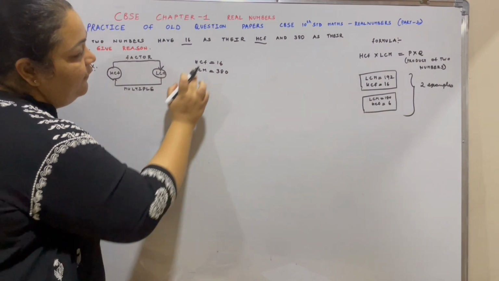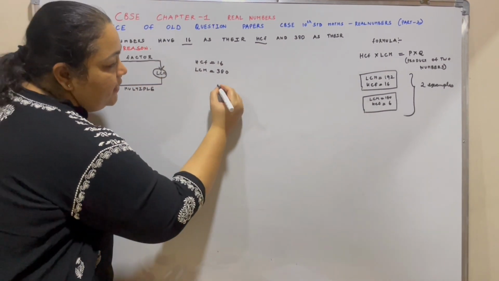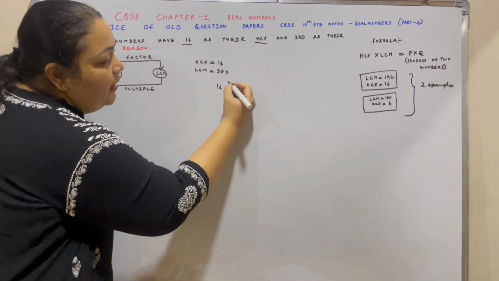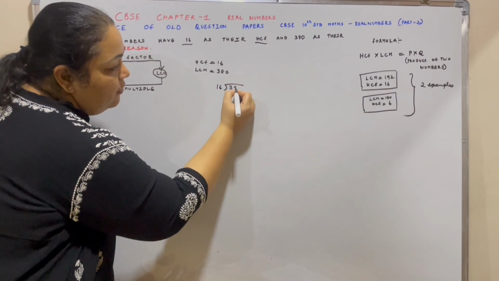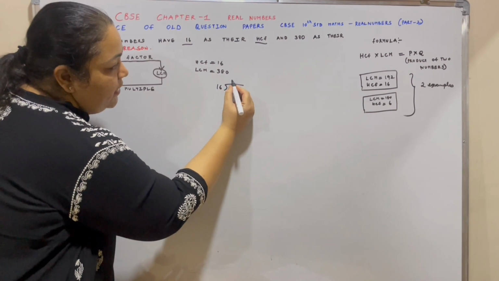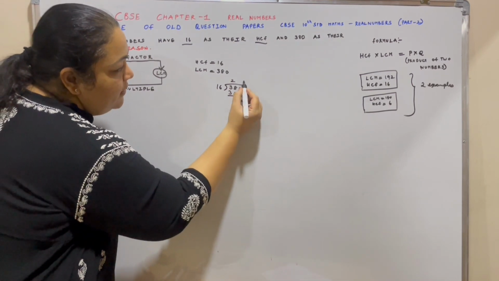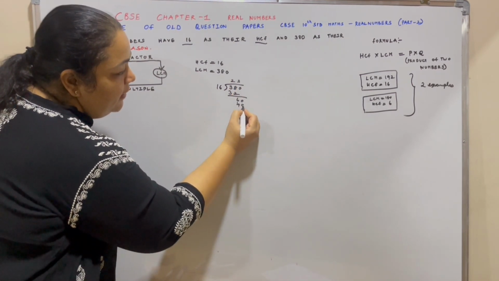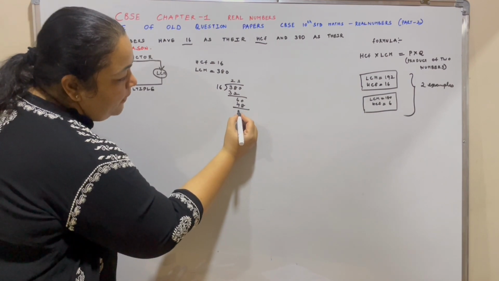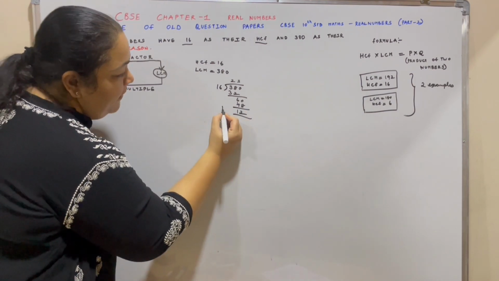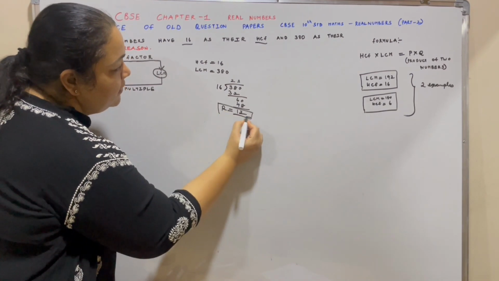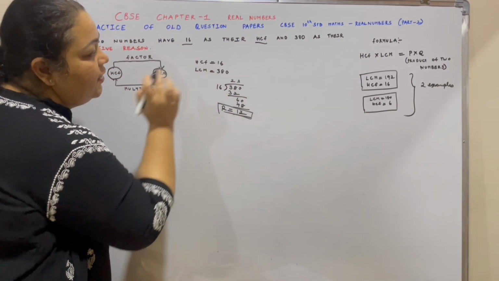If HCF is a factor of LCM, it should divide completely and the remainder should be equal to 0. So let us check. 16 1s are 16, 16 2s are 32, remainder 16, then 16 3s are 48. So here the remainder will be 12. So this is not a factor of LCM.